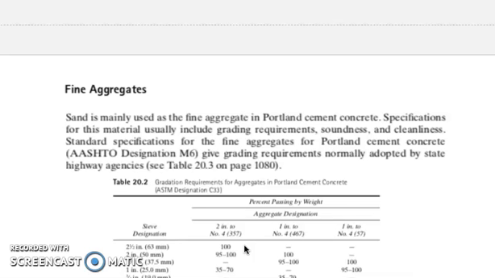So sand is mainly used as the fine aggregate in Portland cement concrete. Specifications for this material usually include grading requirements, soundness, and cleanliness. So the standard specification for the fine aggregates for Portland cement concrete, the AASHTO designation M6, gives grading requirements normally adopted by state highway agencies.